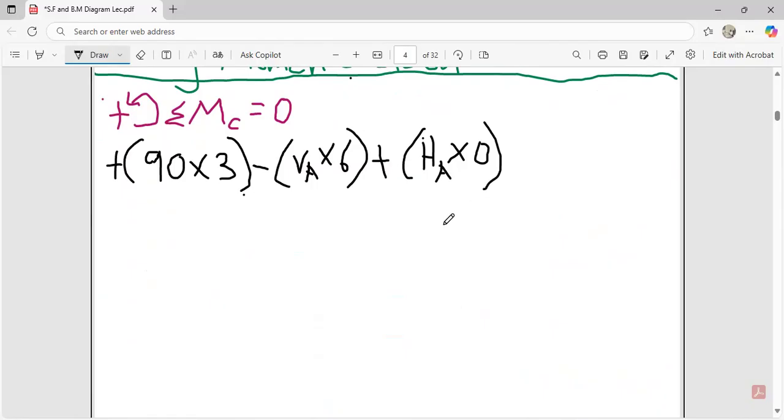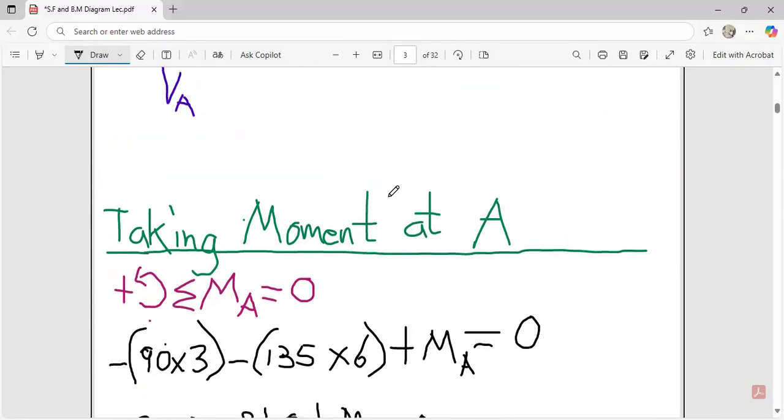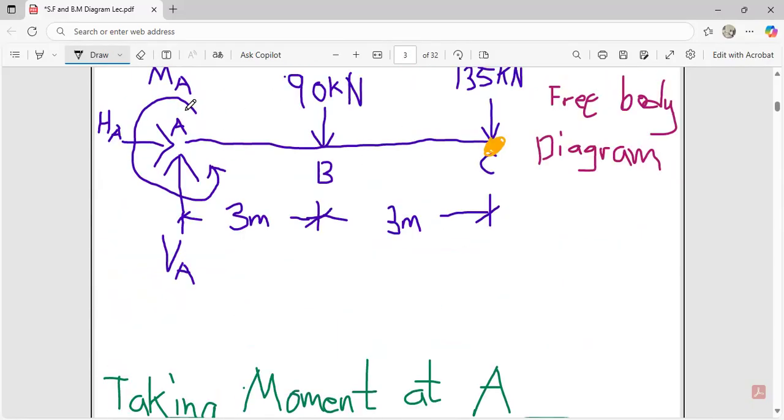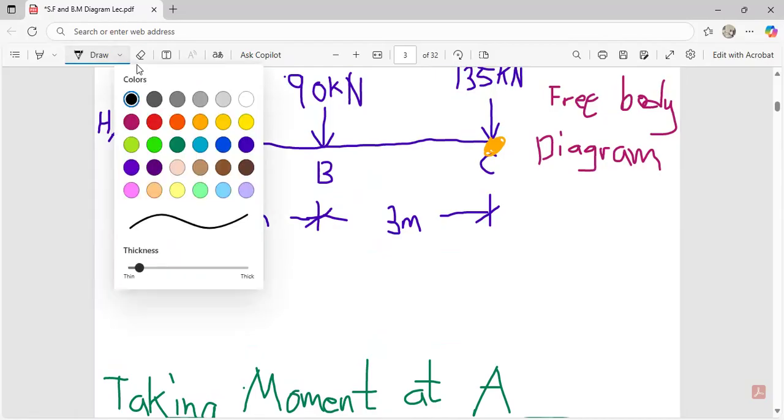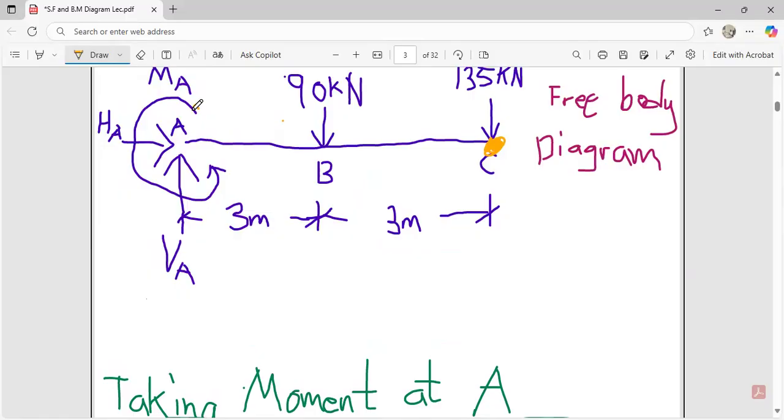From there, what else do we have? We just have to consider our moment. But because our moment is already a moment, we don't have to multiply it with anything. This is already taking an anti-clockwise moment, and we already know the value for it. So we just have to denote that and let that help us move faster. Okay.